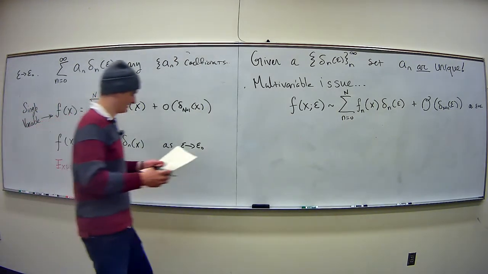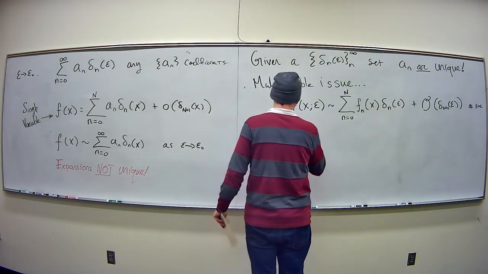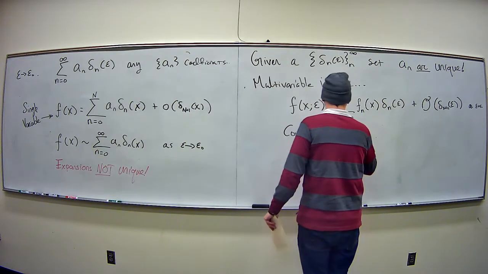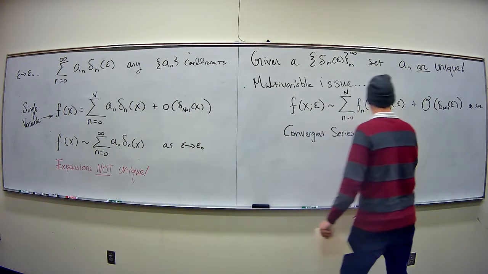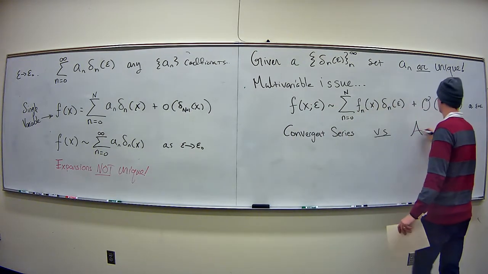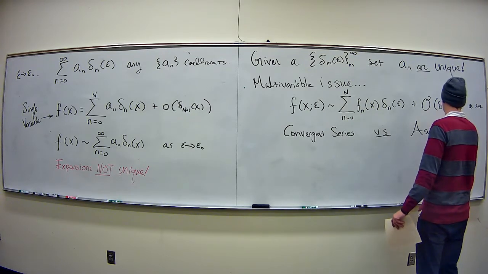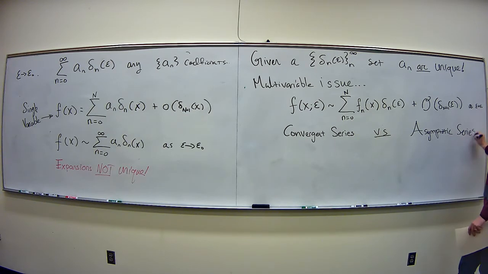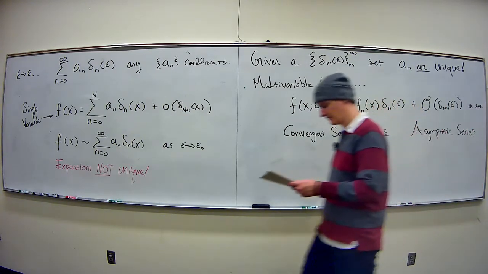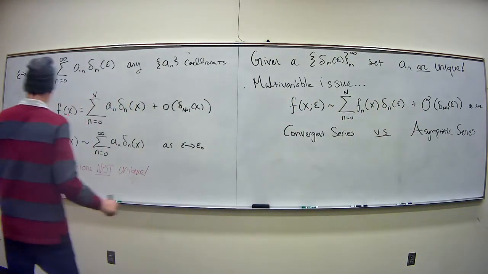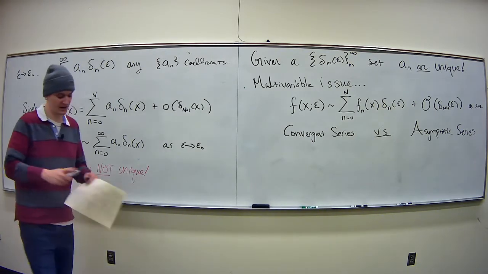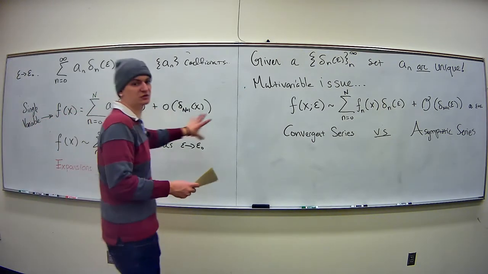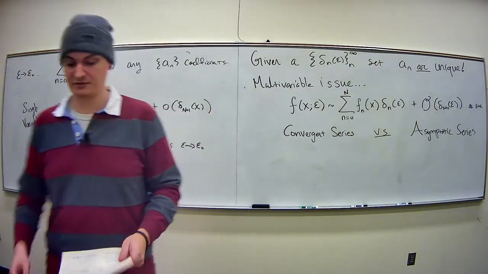Now, what is the difference then between convergent series and asymptotic series? Well, like I said before, in a convergent series the partial sums are getting closer and closer to a value.